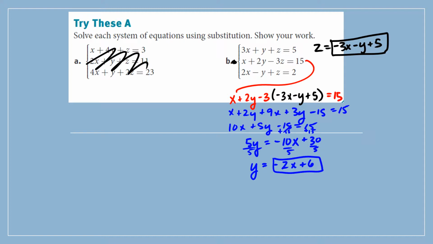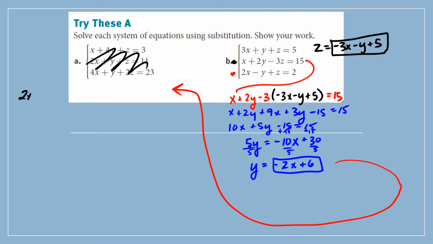Negative 2x plus 6. All right, so then I go to the third equation, and I substitute z in and y in. So we'll do one part at a time. So let's see, why don't I see if I can bring it up over here and make it fit. So let's see. 2x minus y plus z, which is negative 3x minus y plus 5, needs to equal 2.